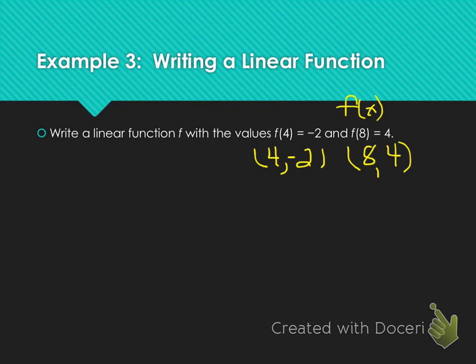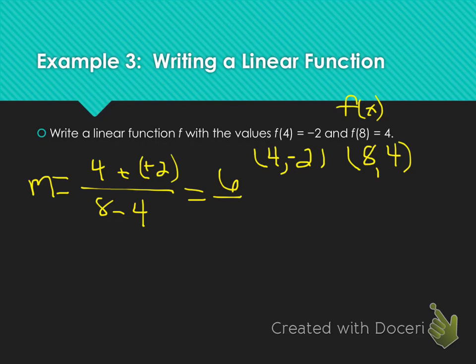So now we have our 2 points, and we're going to do it just like we did the other way. We're just going to find our slope. So to find my slope here, I'm going to take 4 minus a negative 2 divided by 8 minus 4. Remember, 4 minus a negative 2 is really, keep change, 4 plus 2, which is 6. 8 minus 4 is 4.